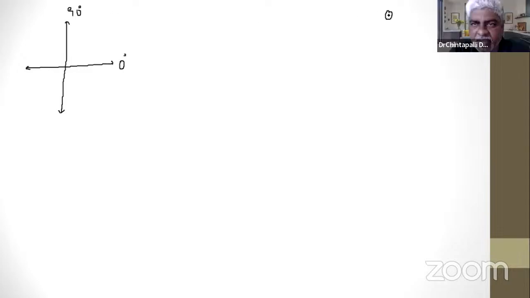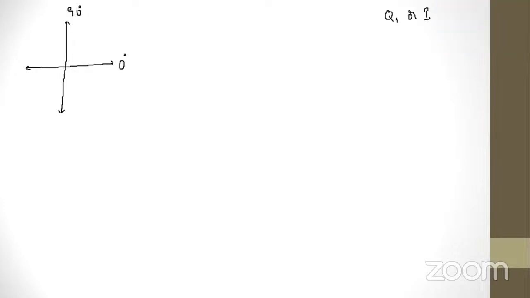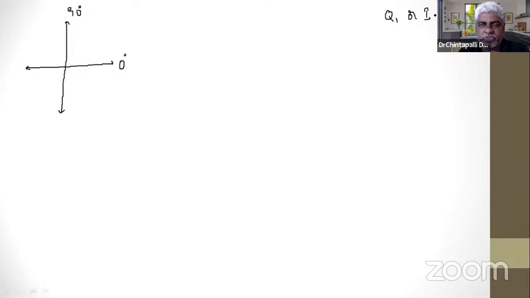The first quadrant can be represented by either this or this. Both are correct. Some authors use Q1 to represent the first quadrant, some authors use this Roman one. In some books you may see Q1, in some books you may see Roman one. Both are the same. It is the first quadrant, quadrant 1.